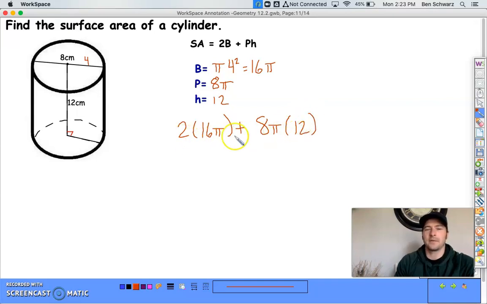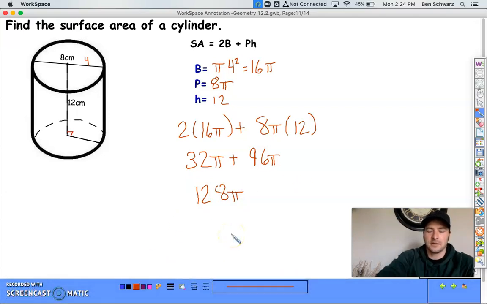And I haven't multiplied out the pi yet because the longer you can wait to round, the better off you're going to be. So try to save pi till the end, kind of like you would on Thanksgiving dinner or something, right? So 2 times 16 pi is 32 pi, and then 8 times 12, we get 96. And these are like terms because they both have pi, so 128 pi. And then the last step is to actually multiply out the pi.